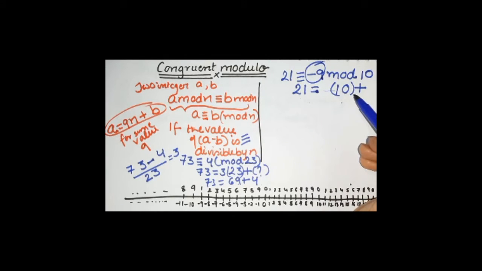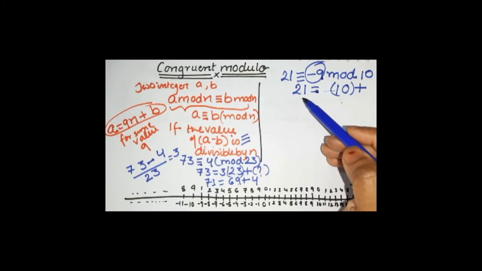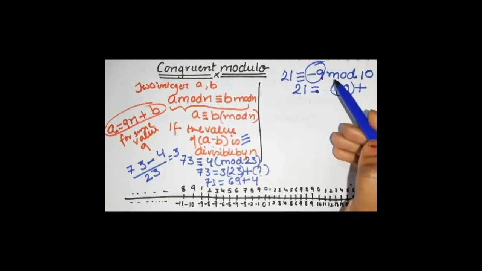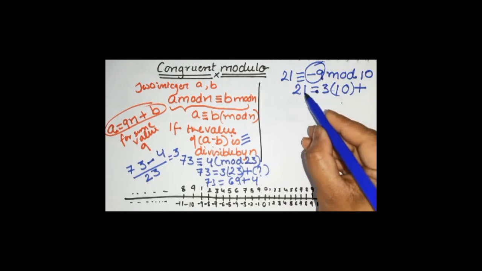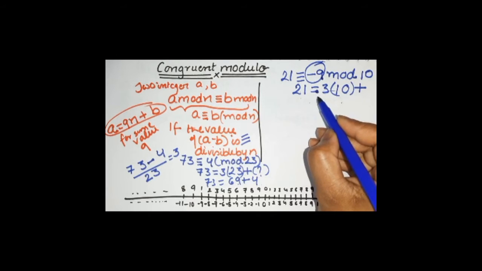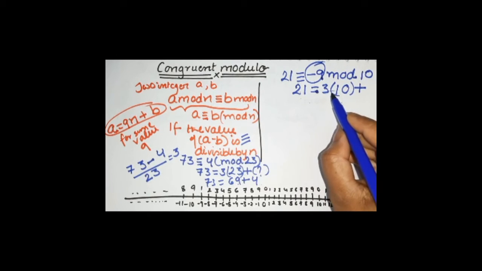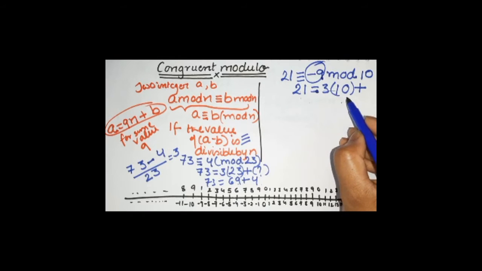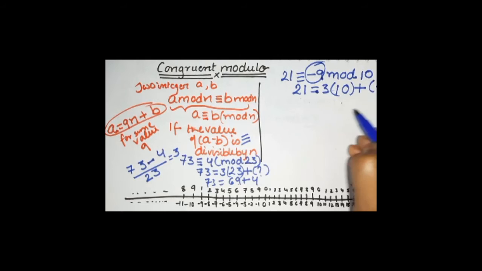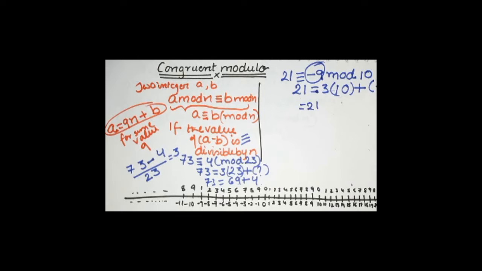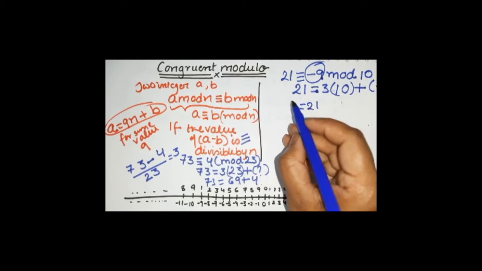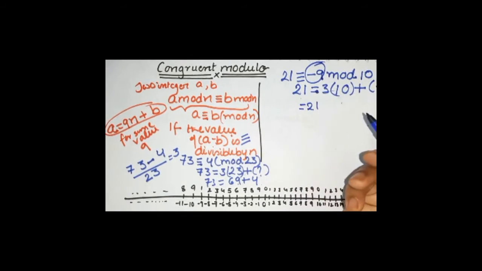So 20 is not acceptable. You have to take 3. When you multiply 3 with 10, it gives you 30, which is greater than 21. Just next to 21, 30 is the greater value, right? So when you multiply 3 with 10, you get 30. Now to this, when you add minus 9, it gives you back the value of 21. Therefore 21 is congruent to minus 9, correct?